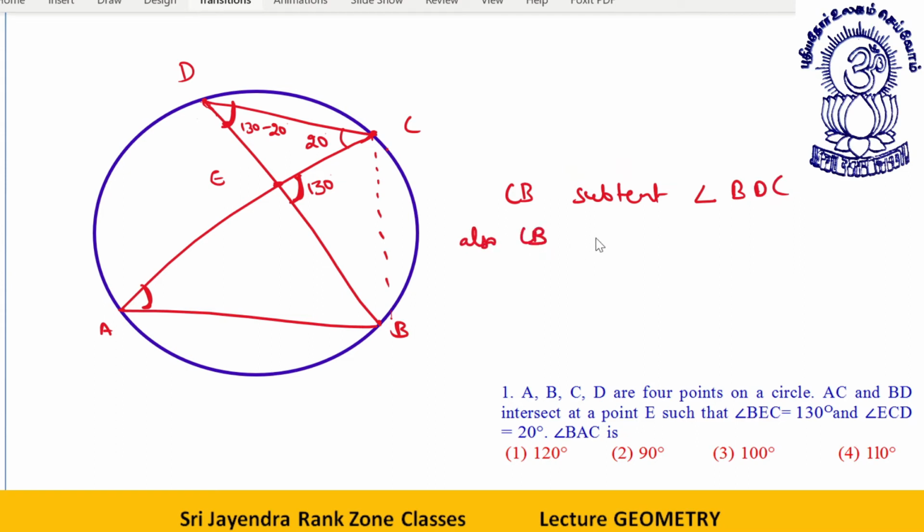Also CB subtends angle BAC. So if this is 110 degrees, this will also be 110 degrees. Angle BAC is 110 degrees. Fine. You can have a look over it.